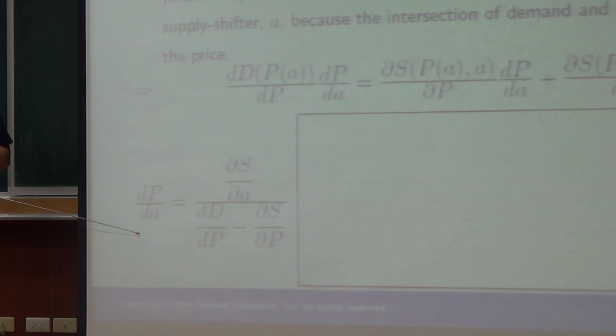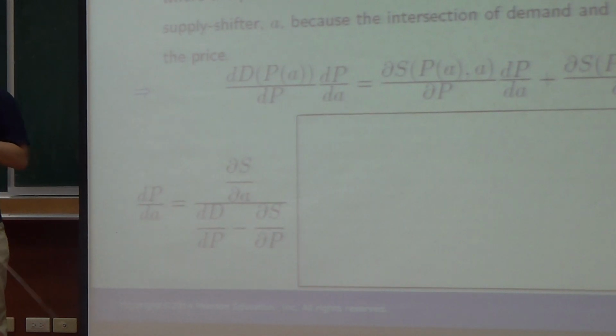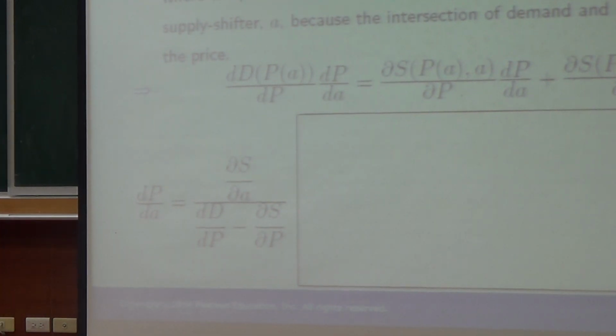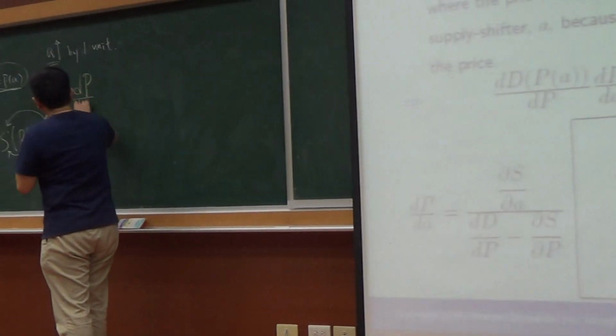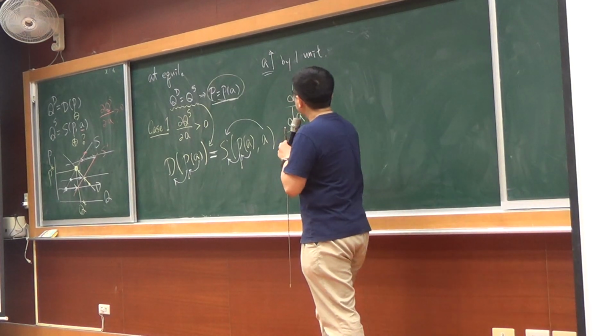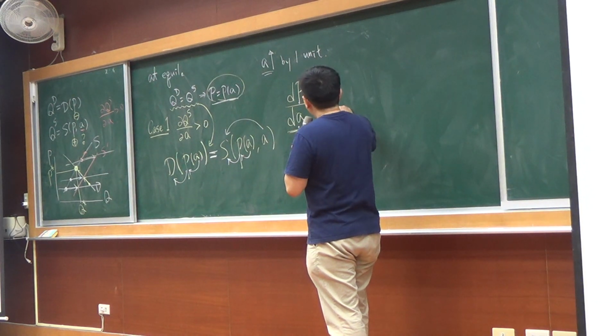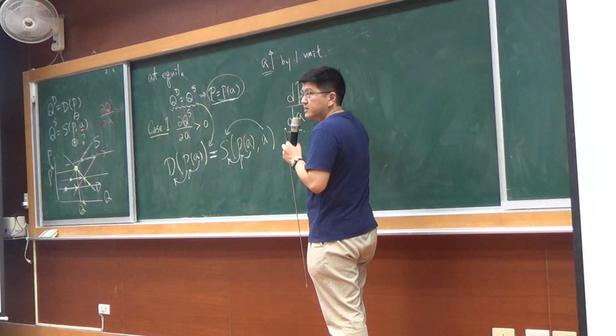So last week we stopped here. Okay. The term on the left-hand side is dP/dA. So we have to interpret what dP/dA is. So we would like to know how P changes.